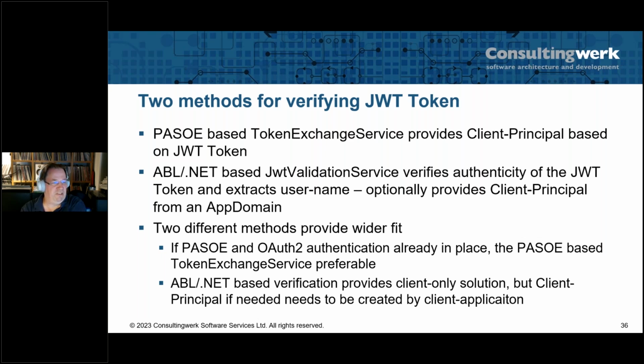One is using PASOE, because you can authenticate with a JWT token at PASOE. You can do a request against PASOE any time with this bearer token, and PASOE will on the fly translate it into a client principal. But that would mean we always need to have PASOE as an app server, and that is not already there for all OpenEdge GUI applications.